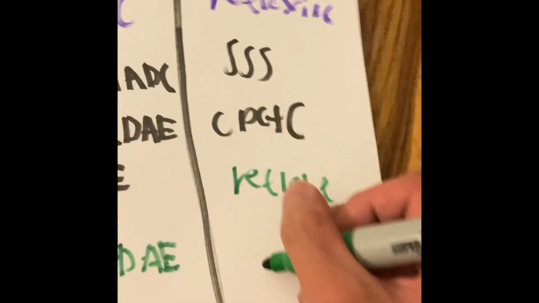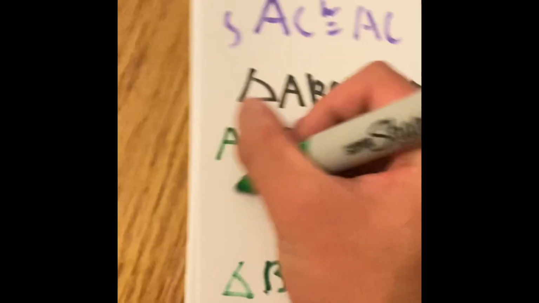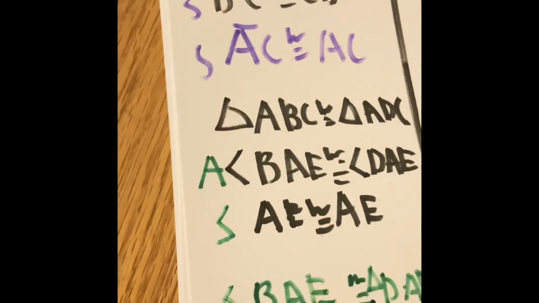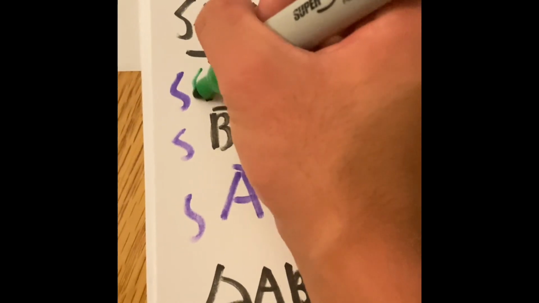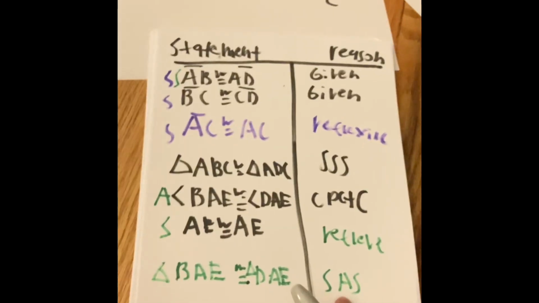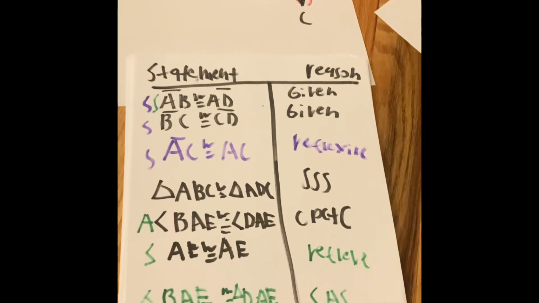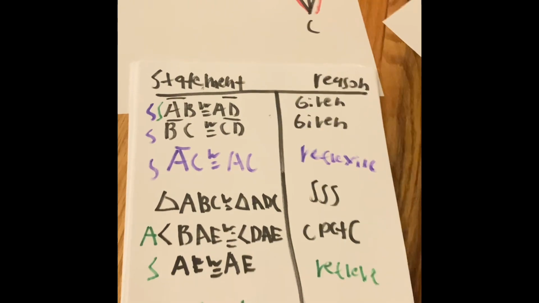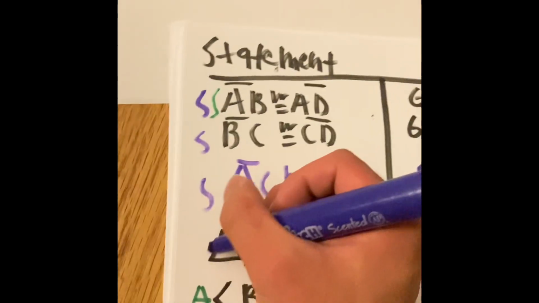We could say SAS. This was a side that was proven. And from the given, we could say that this was a side that was proven to us. We could use SAS. So, the reason why this was called a detour proof is because we are literally detouring from one triangle to merge onto the other triangle.